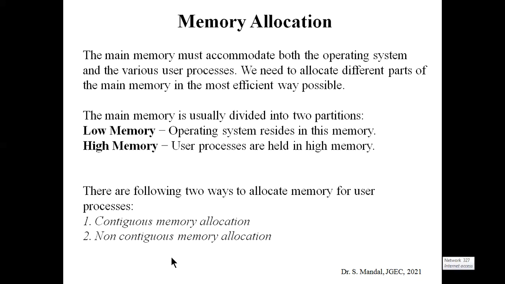Now let's come to our original functionality of memory management, and it is quite an important function, that is memory allocation. How can we allocate the memory to the process? That is nothing but memory allocation. The main memory must accommodate both the operating system and the various user processes.